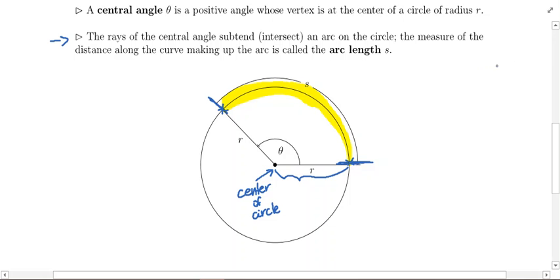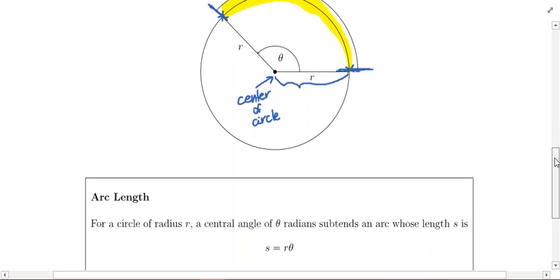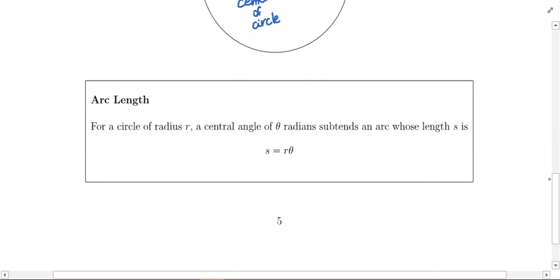And there's actually a formula for it. If you scroll below the circle, there's a formula that tells you how to calculate arc length. It says for a circle of radius r, a central angle of theta radians subtends an arc whose length s is given by s equals r times theta.